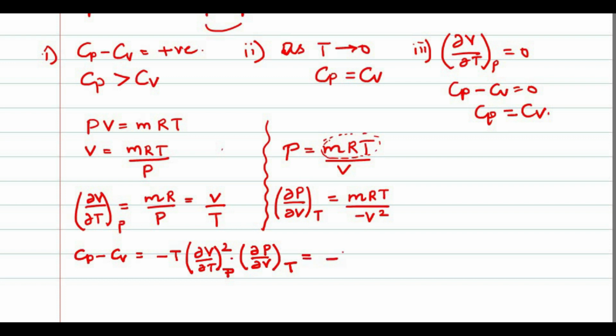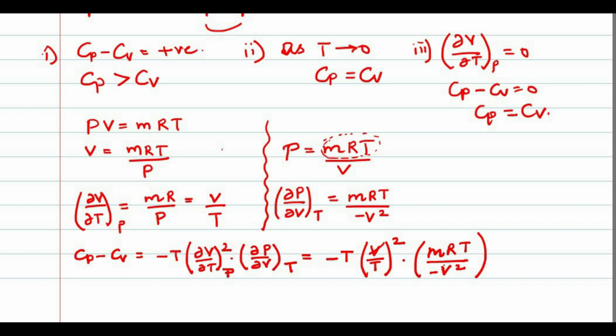So minus T, dou V by dou T at constant pressure is V by T, we are squaring, then dou P by dou V at constant temperature is minus mRT by V square.